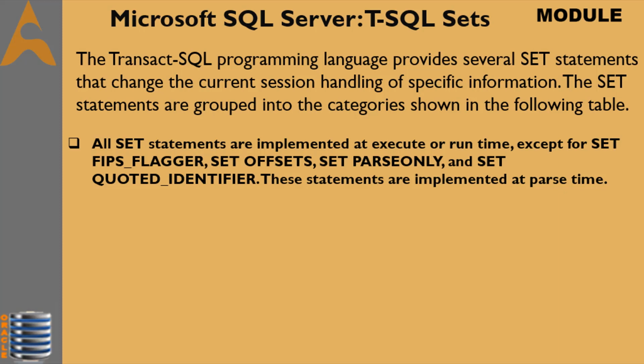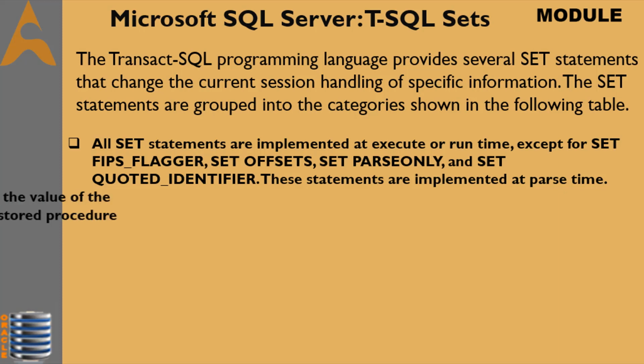If a SET statement is run in a stored procedure or trigger, the value of the SET option is restored after control is returned from the stored procedure or trigger. Also, if a SET statement is specified in a dynamic SQL string that is run by using either sp_executesql or EXECUTE, the value of the SET option is restored after control is returned from the batch specified in the dynamic SQL string.